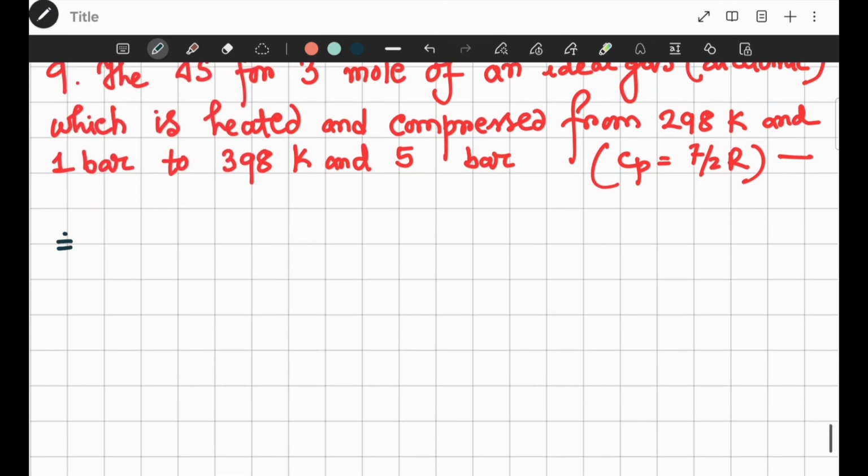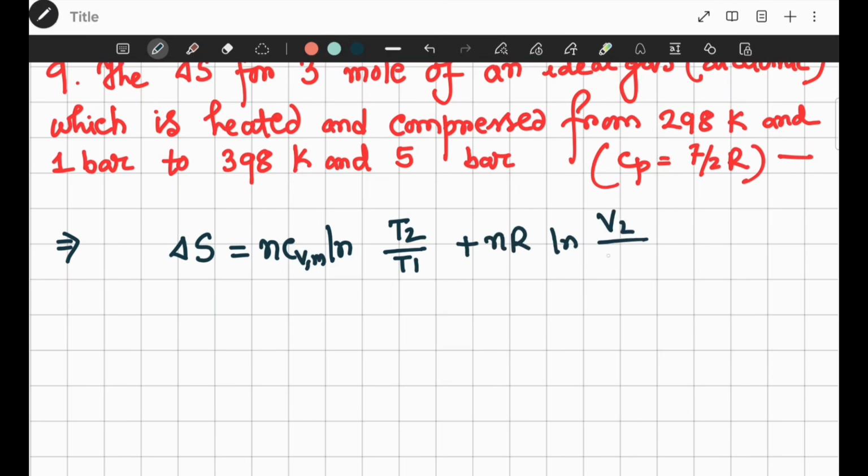So here we will use the formula that delta S was n Cvm ln T2 by T1 plus nR ln V2 by V1, but here the pressure is also changing, so we'll use P2 by P1 obviously, then it will be minus, and it will be Cpm, I think.